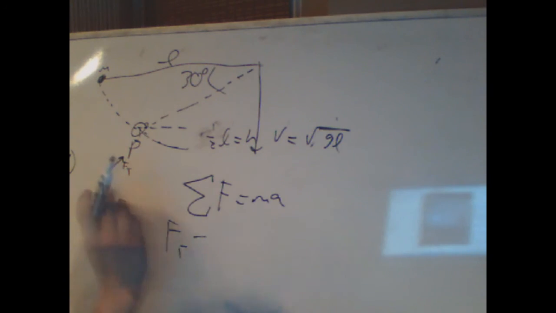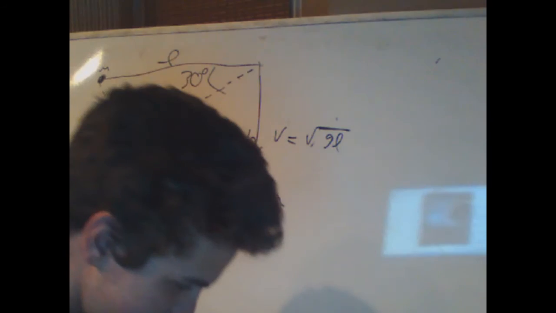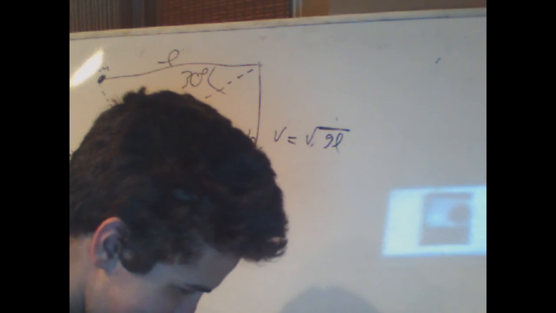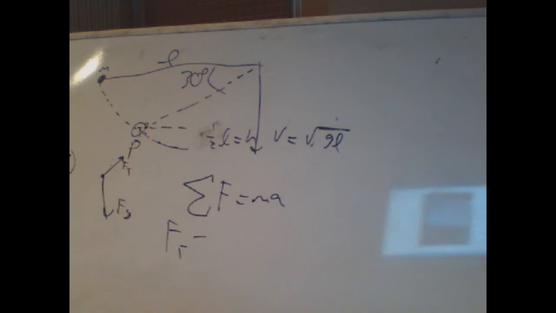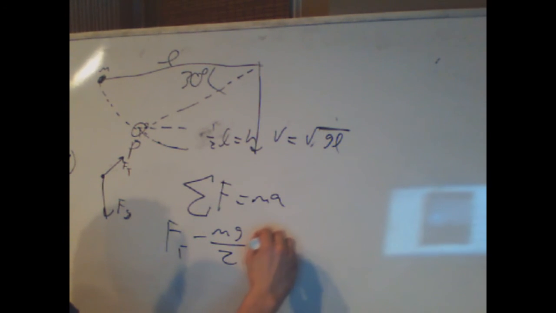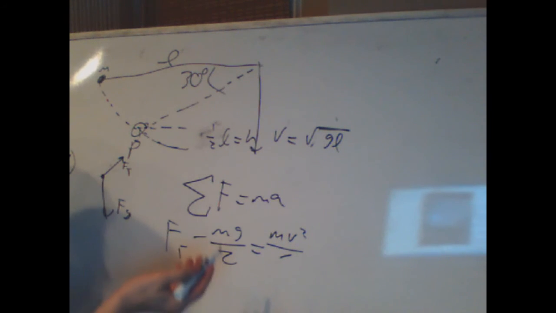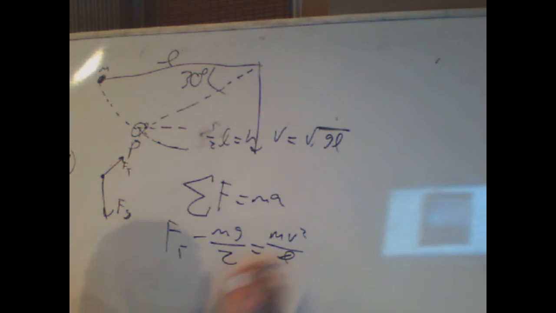So F_T minus mg sine of 30. However, mg sine of 30 is just mg over 2, as we discussed earlier, equals m a_c. Now I'm going to skip a step and turn a_c into terms of velocity, length and mass.